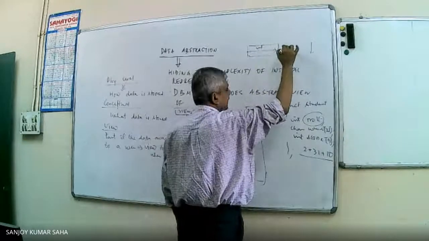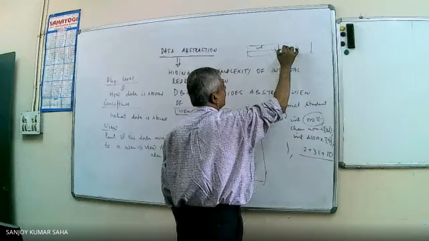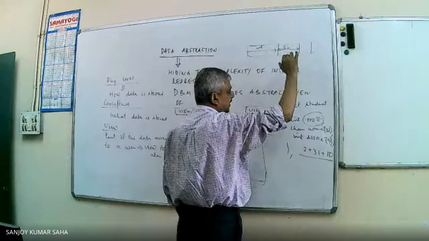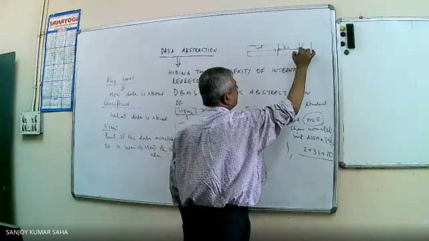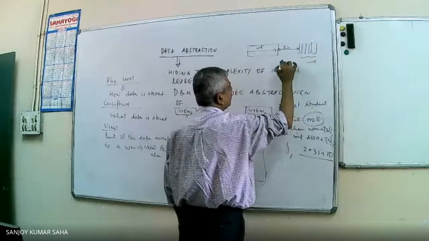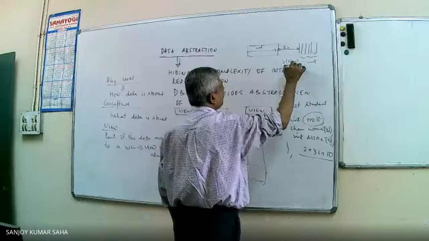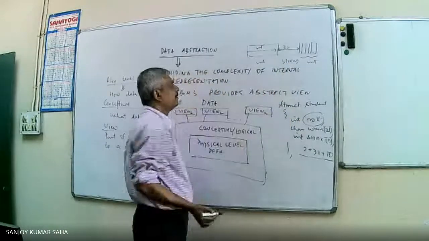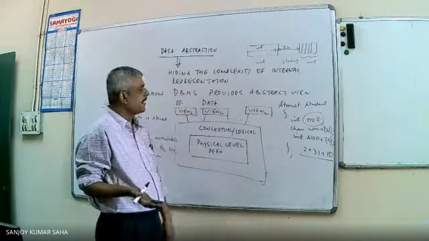Next 31 bytes represent a string. Again, then there are 5 integers. So physically it is stored like that.